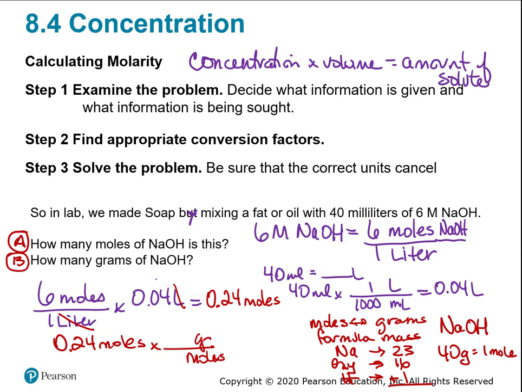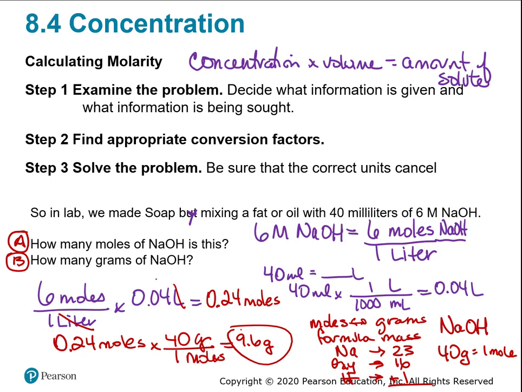In front of grams, I'm going to put the 40. Moles is going to get the 1. So 0.24 times 40. 9.6 grams. Okay, so that's how many grams of sodium hydroxide was in that solution that I added.